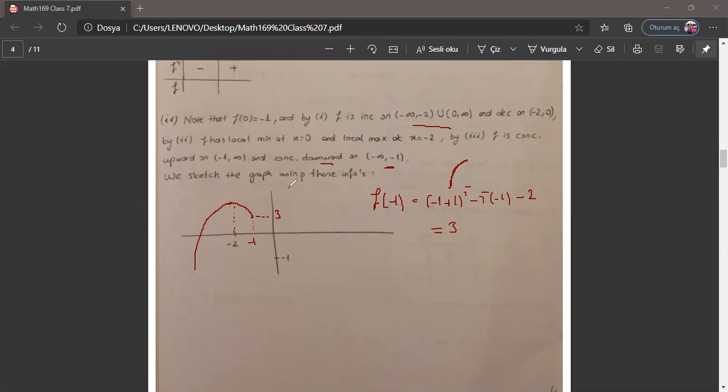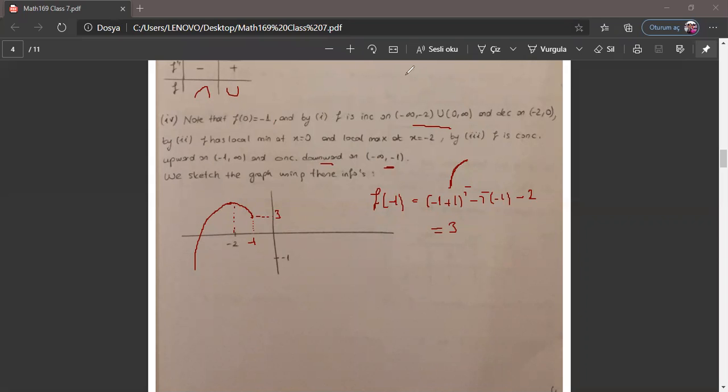Then it will change its, remember, its concavity, okay? Here we have plus, negative and plus, so it's downward then upward. So I made a mistake there too, so it is -2, okay?